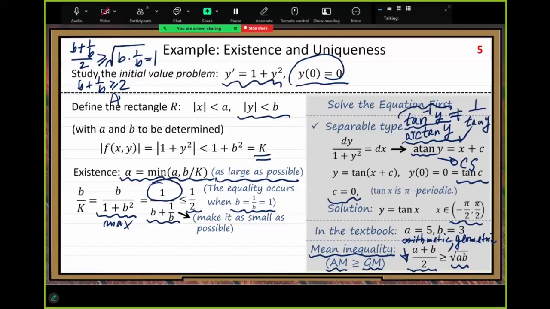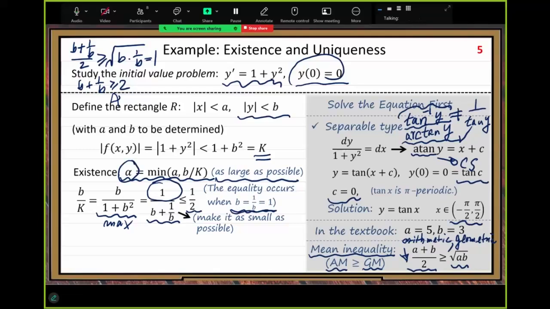When your denominator is the smallest number 2, your fraction takes the largest value 1/2. So if you want to choose your b to make this ratio, this alpha, larger, the best b is 1.